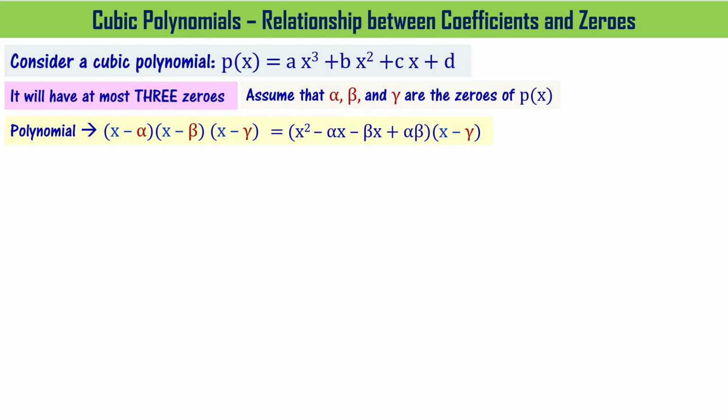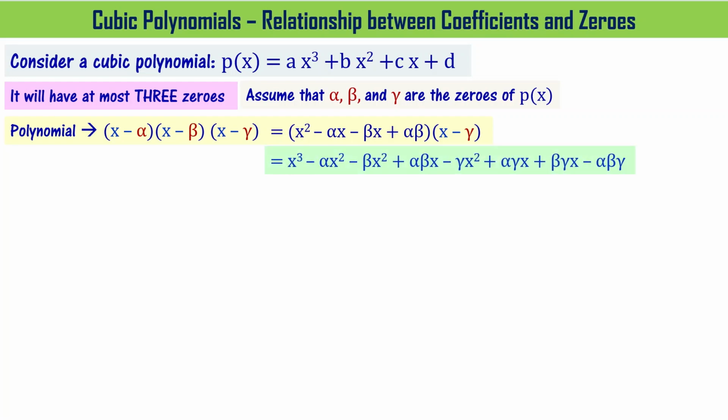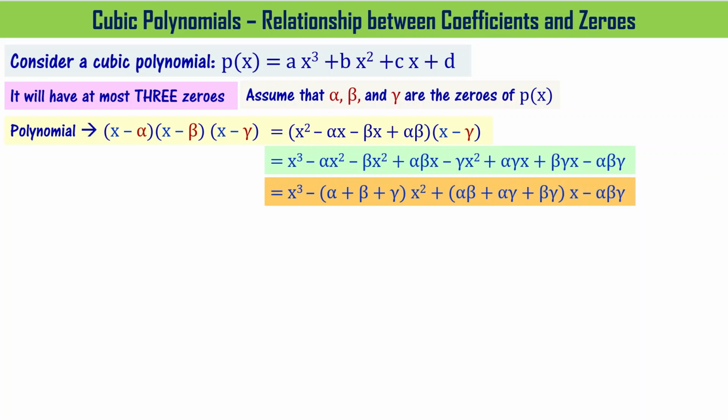And now you multiply x square minus alpha x minus beta x plus alpha beta times x minus gamma, so that you get a lengthy expression like this. You rearrange it such that it can be written as x cube minus alpha plus beta plus gamma times x square plus alpha beta plus alpha gamma plus beta gamma times x minus alpha beta gamma, right?